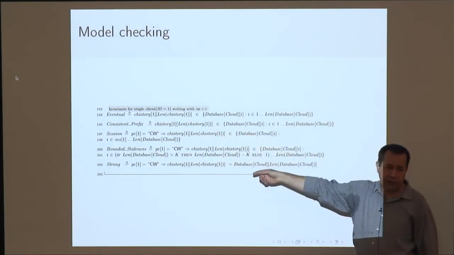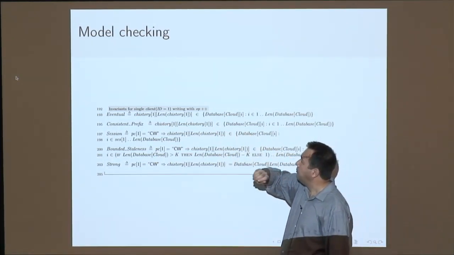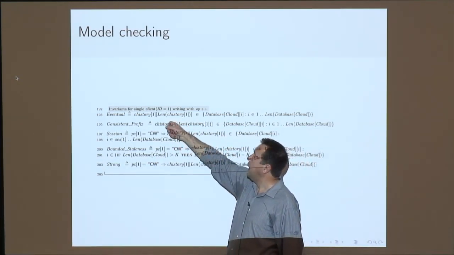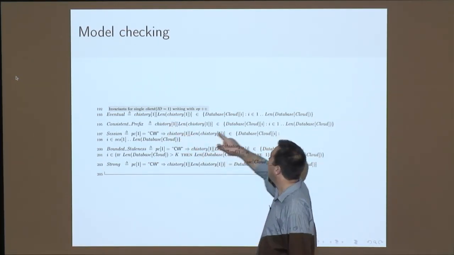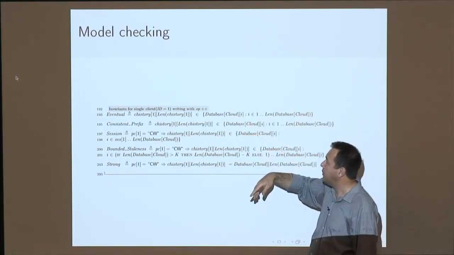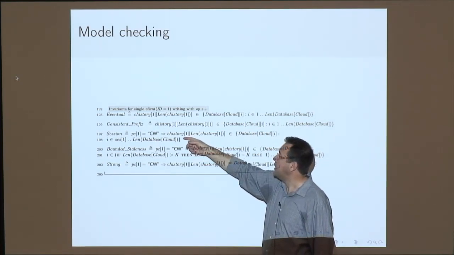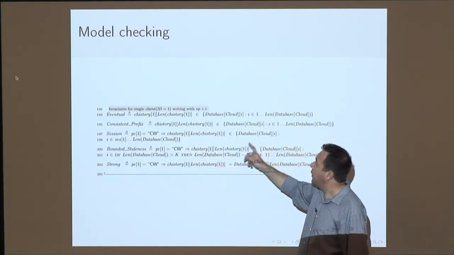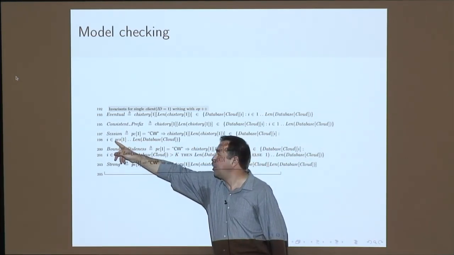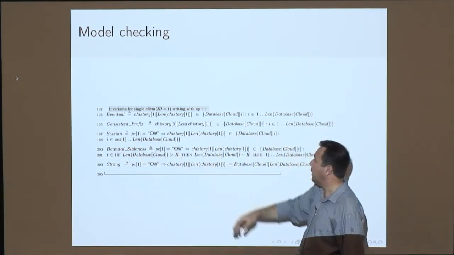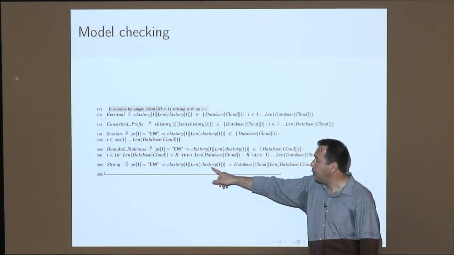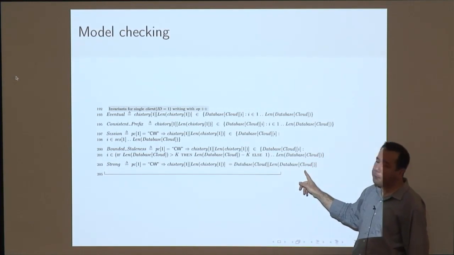Eventual says that whatever is at the top of the C history should be in the database. It doesn't come from anywhere else. Session says that whatever is at the top has some recency. It's at least as fresh as my session token, not staler than that. Strong says that whatever is at the top of my history is at the top of the database.